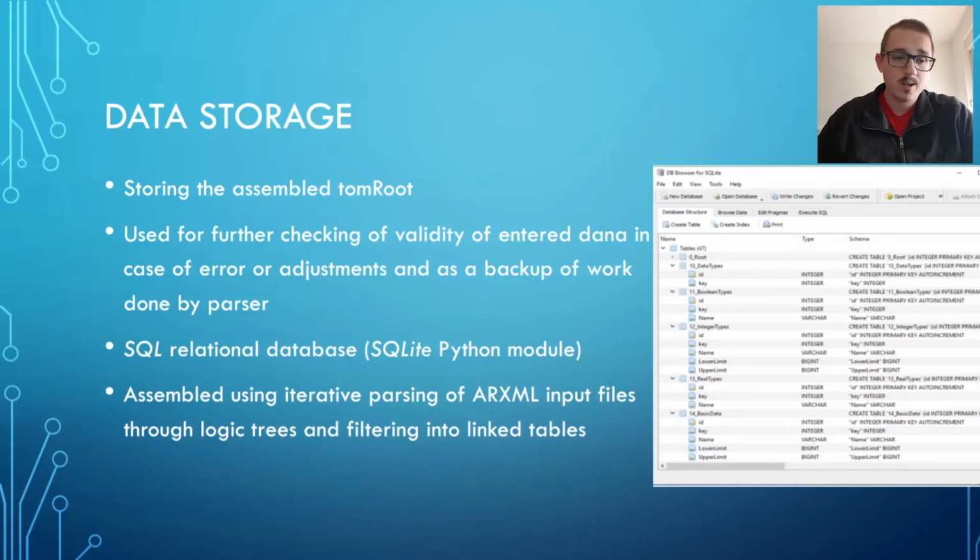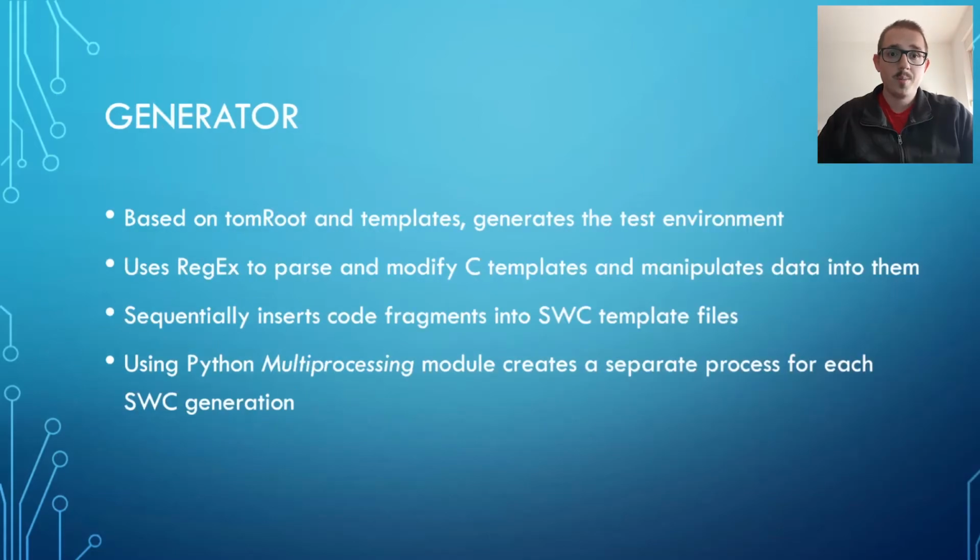You can actually see the data types, you can see what's happening, you can see how things are linked, and this could be done while the TAG is not running, which is also a bonus, and it's portable. As for the generator, the main thing that was done was using the Python multiprocessing module, which creates a separate process for each SWC generation.